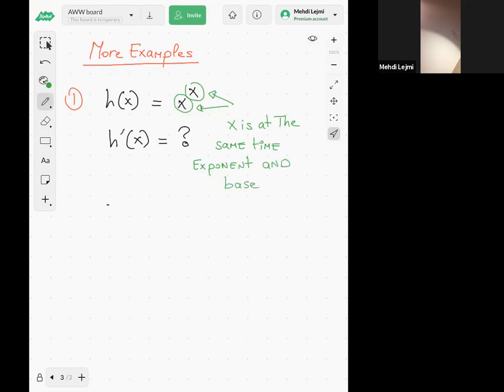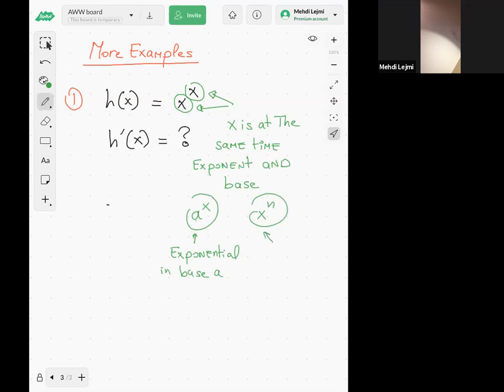Remember, the exponential function is when we have a number to the power x, and the power rule is when you have x to the power n. This is exponential base a, and this is x to the power n.